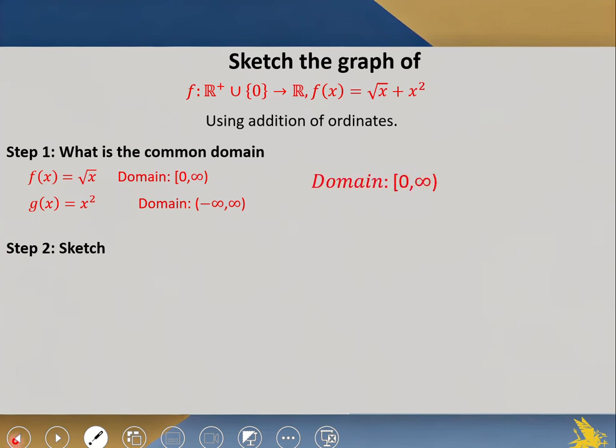But before we do, we need to think about, are they positive? So square root x is positive, and we know x squared is also positive. So that means because they're both positive, it's going to be bigger than both of our graphs.